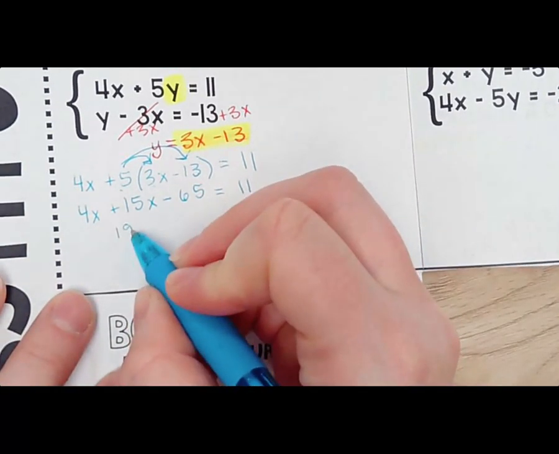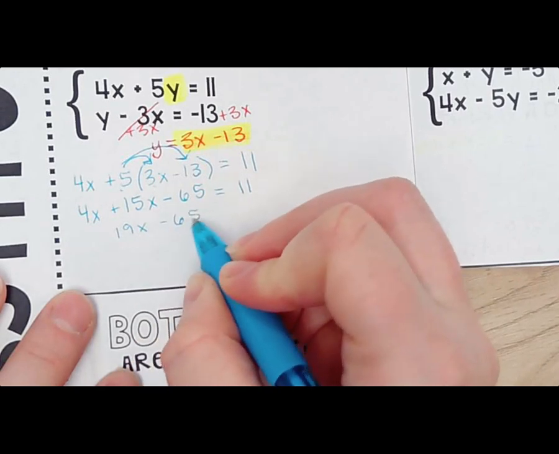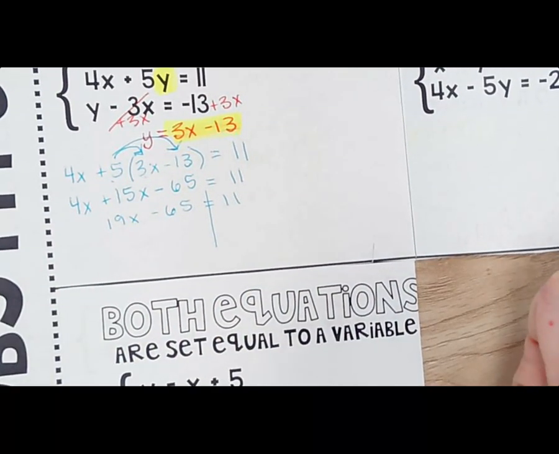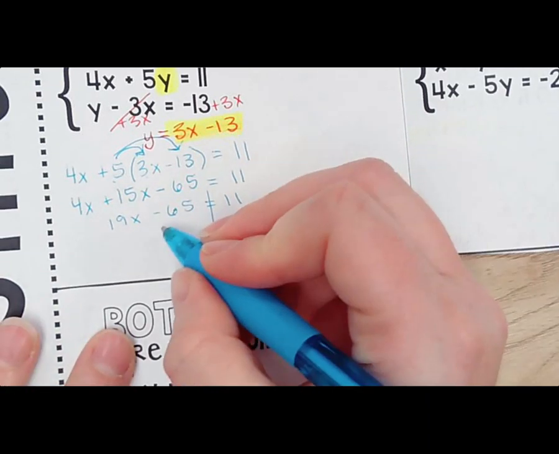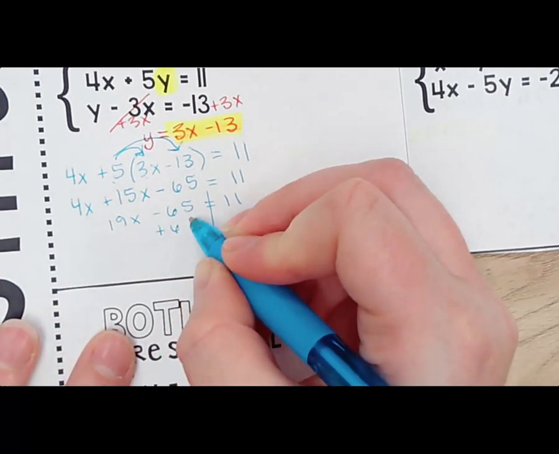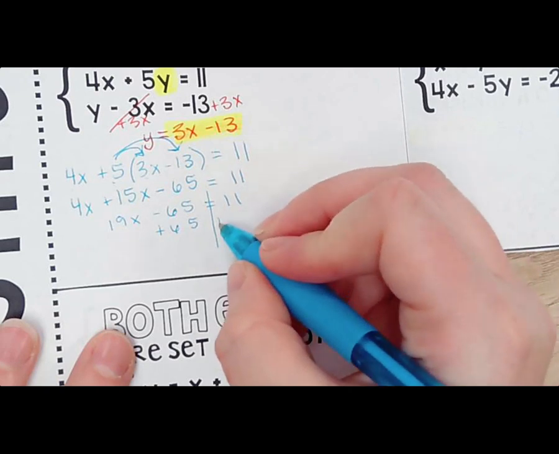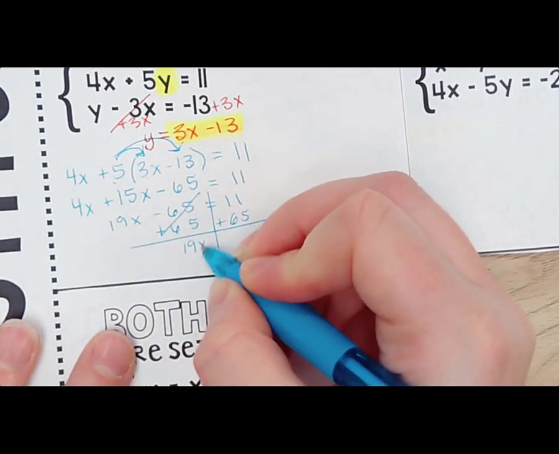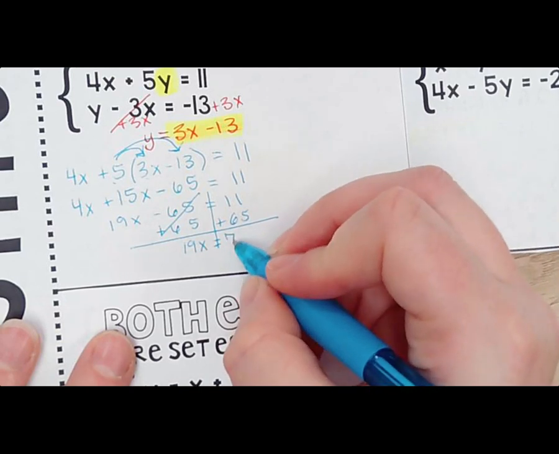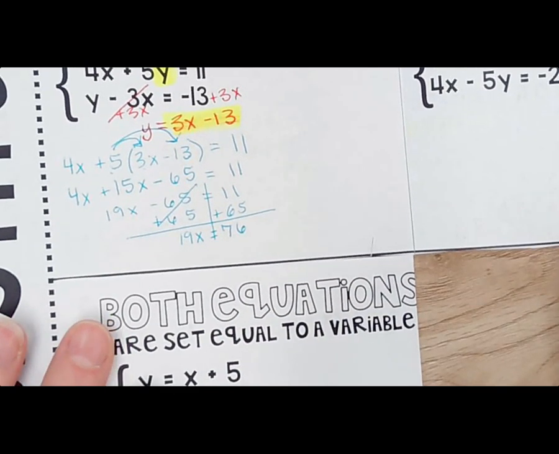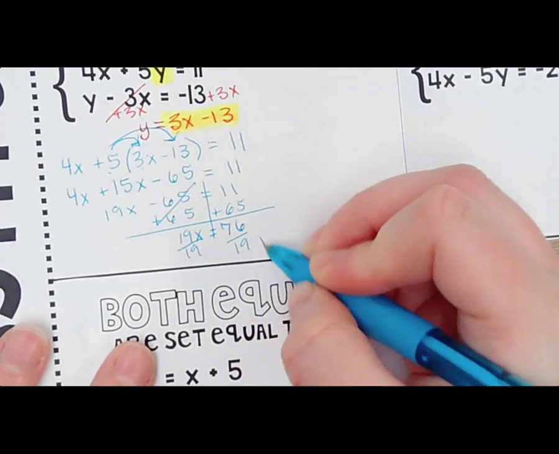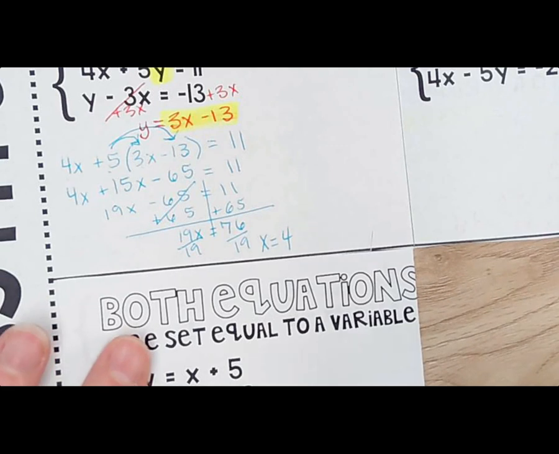Then we get 19x minus 65 equals 11. Plus the 65. We have 19x equals 76. And we divide by 19. What do we get? Yeah. So we have x equals 4.